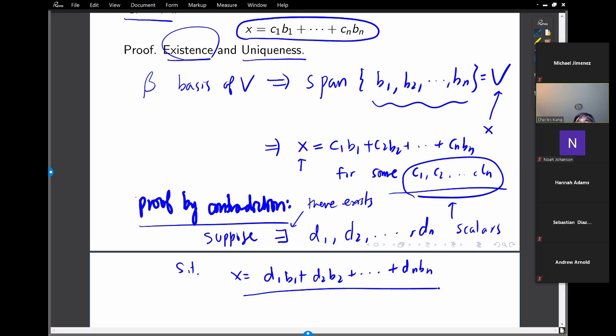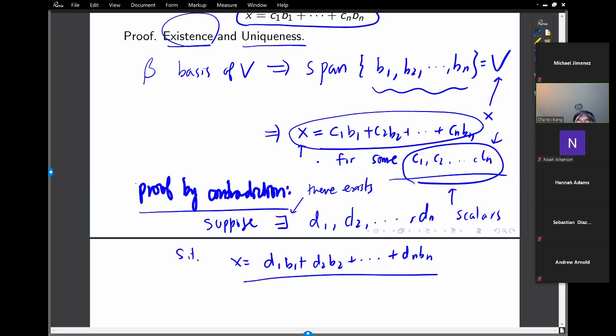We already have the set of constants c1, c2 to cn, and x can be written using those constants. Then suppose we have another set of constants d1 up to dn, such that x can be written in terms of these constants.